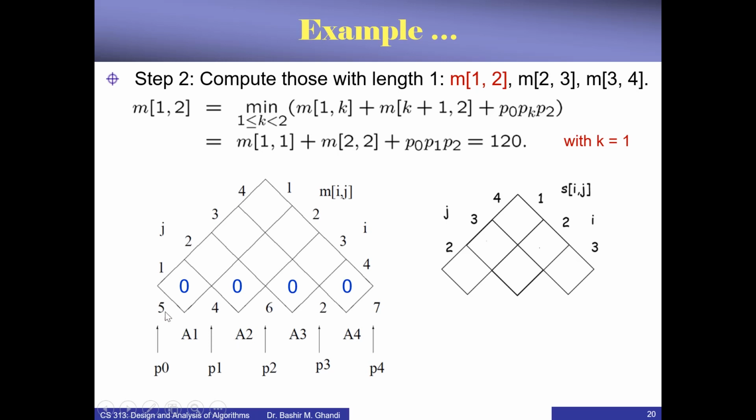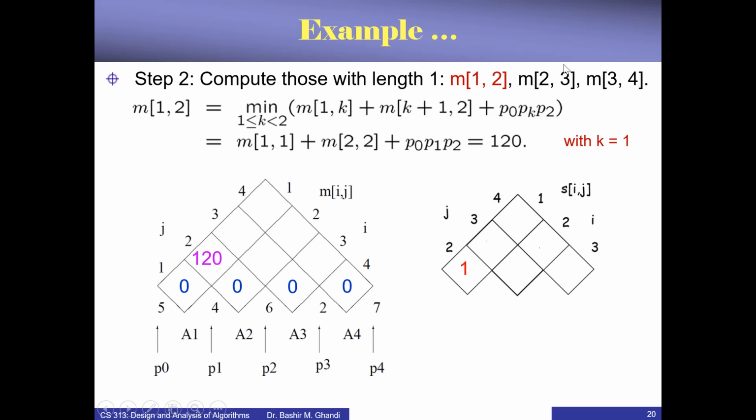So if you multiply 5 by 4 by 6, you're going to get 120. 5 times 4 is 20, 20 times 6 is 120. And put 120. What is the value of k that gives us this value? It is 1. So go to the other array and store 1 in position 1,2. So the k value for 1,2 in this array is 1.